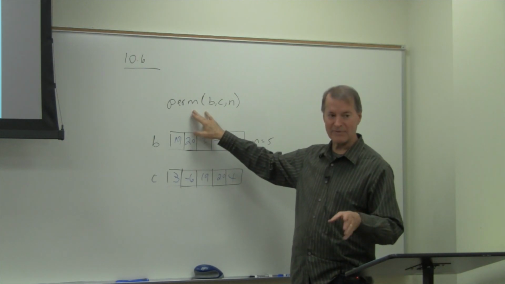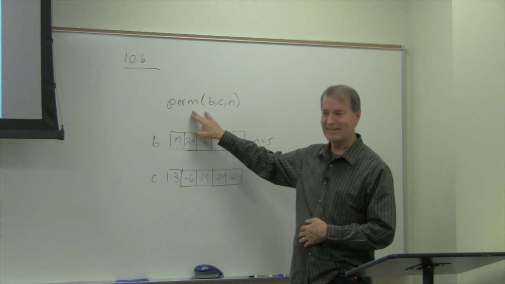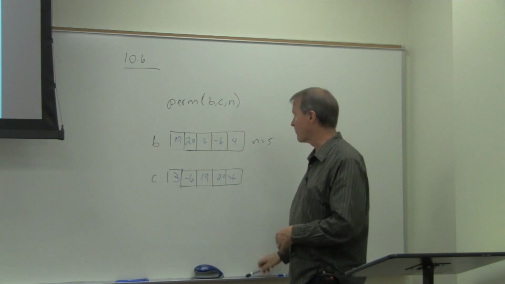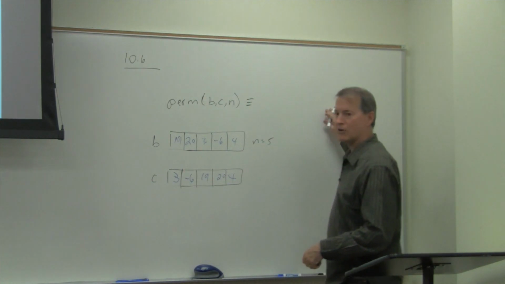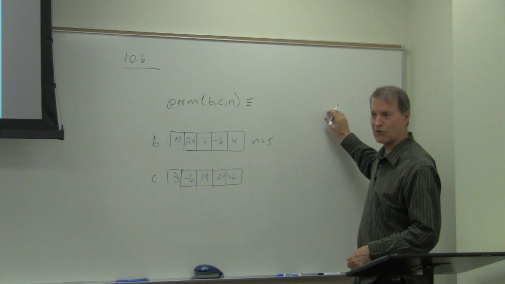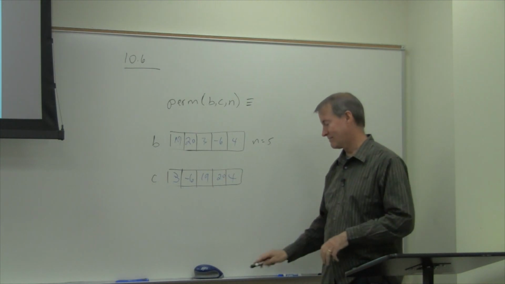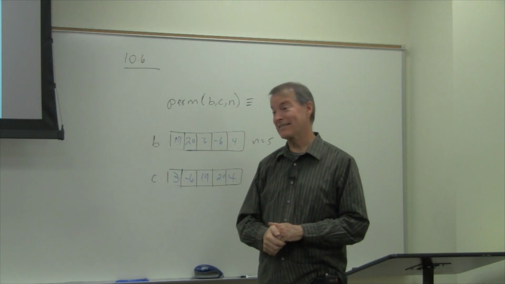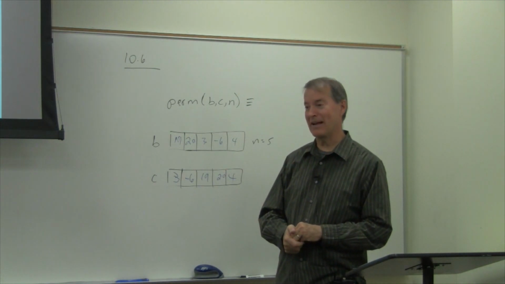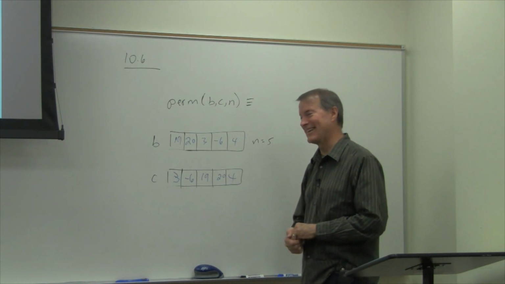I didn't ask it, and we're not going to pursue it, but if you want something to do for fun, try to define this formally with a quantified expression. Extra credit? If you get it right, yeah. It's not easy.